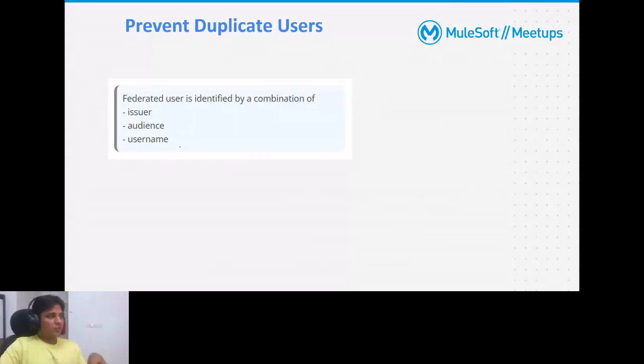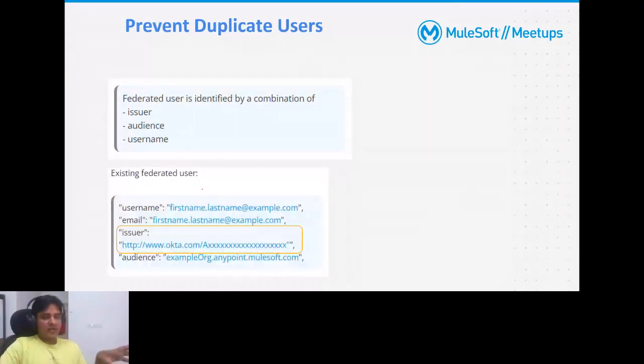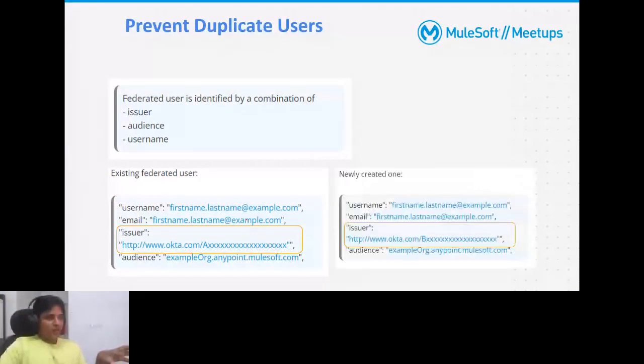We have one existing user here with issuer ID okta.com, and the username is first name, last name at example dot com. Now you are moving from one SSO to another, and the issuer ID will get changed.